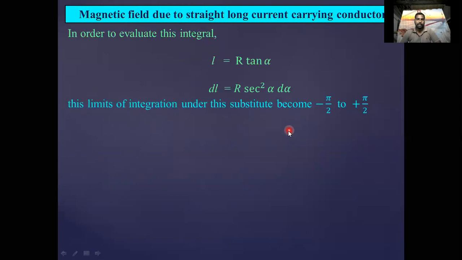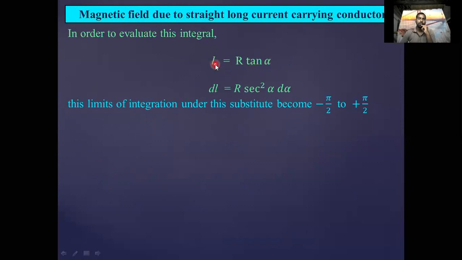Now we substitute the limits. Integration from minus infinity to infinity becomes minus pi by 2 to plus pi by 2. First of all, consider L equal to plus infinity, then alpha value is plus pi by 2.